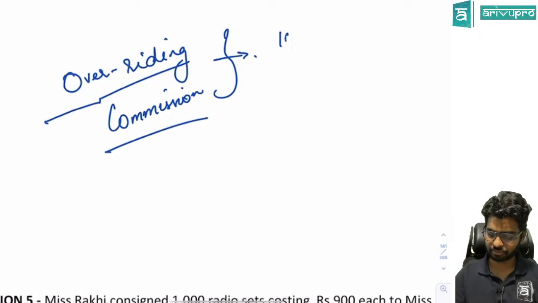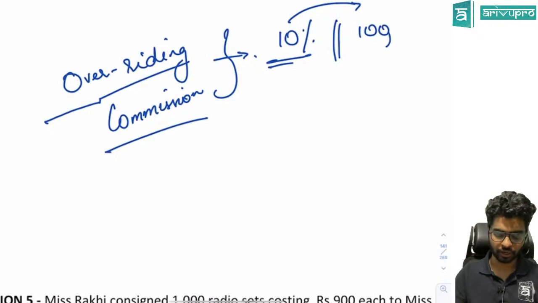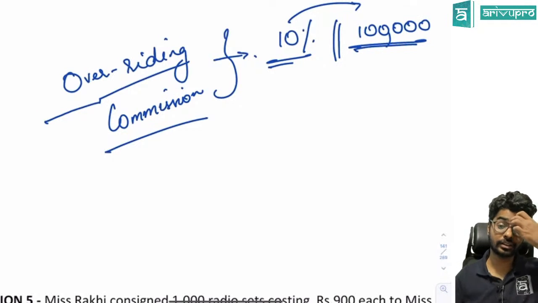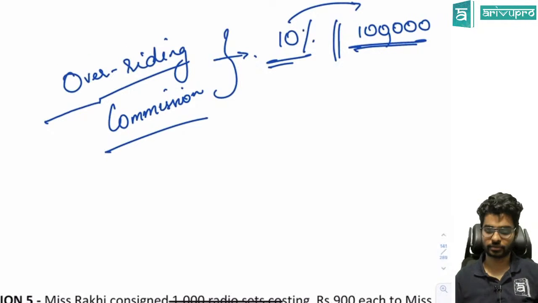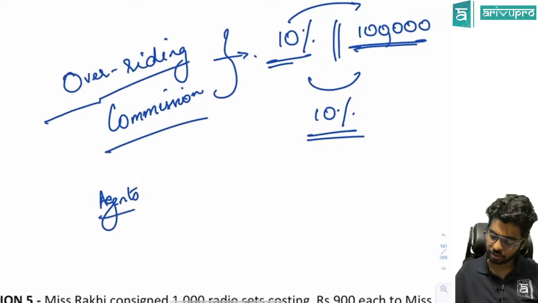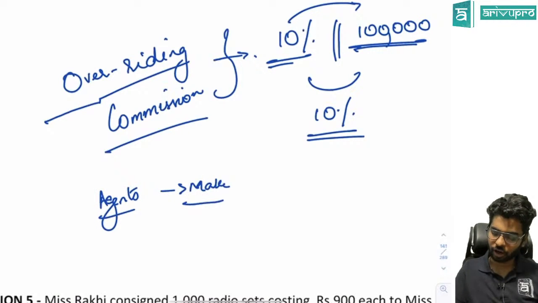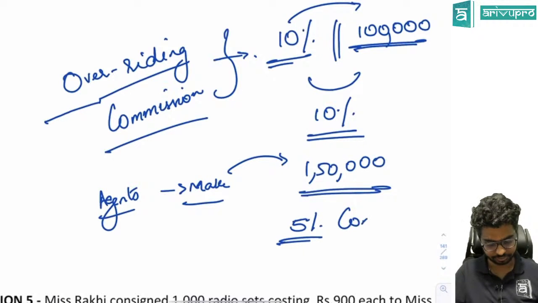See, let's say for an example, you are promised a 10% commission. Let's say you made 1 lakh sale. How much will you get? 10,000 rupees. Now, to encourage the agents to make more sale, let's say if you cross 1,50,000, I'll pay you additional 5% commission.